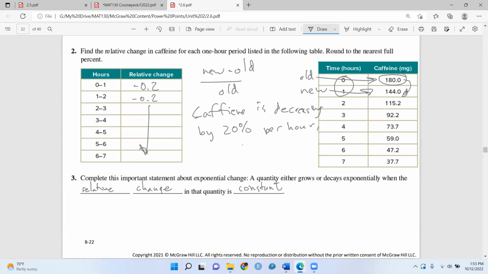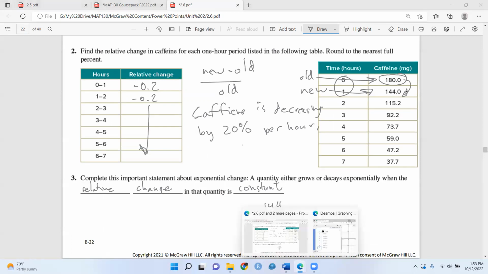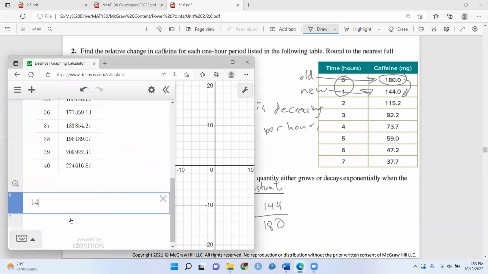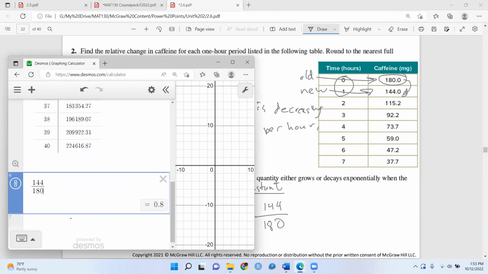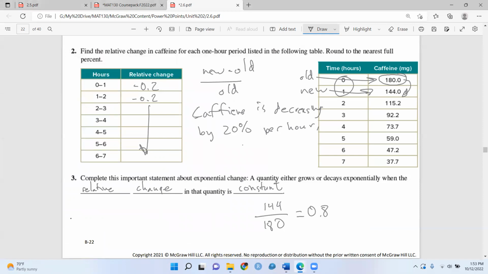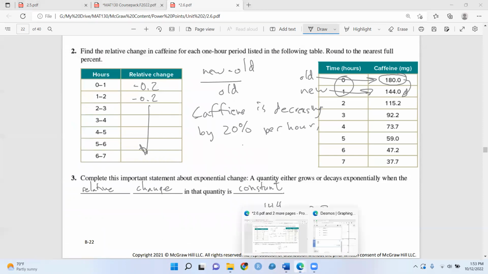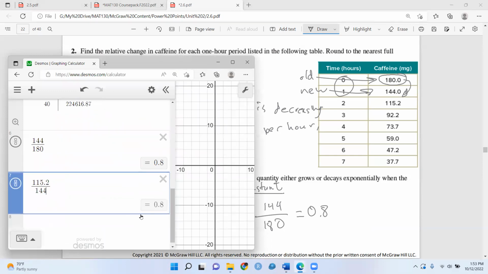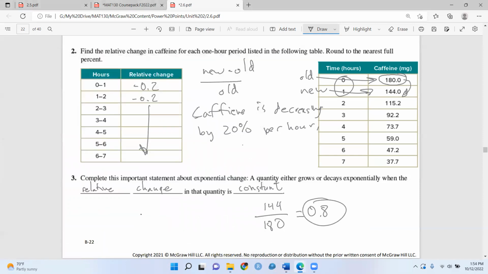Well, let's find it using the next divided by the previous, right? That's how we did it in the previous problem, so it should work here. 144 divided by 180. Oh, 0.8. Let's just double check that's true for the next one, just for fun. 115.2 divided by 144. Oh, it's 0.8 as well. Hey, what's the connection between 0.8 and negative 20 or 20%? What's the relationship between those two?